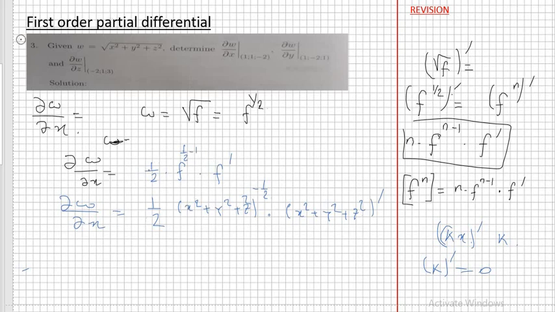Okay, so we'll first do the same thing as we did in the previous slide, but now when we arrive at these steps, when it comes to deriving this bracket, we are going to derive it with respect to y, because that is the question we are solving. So we first derive the function with respect to y.